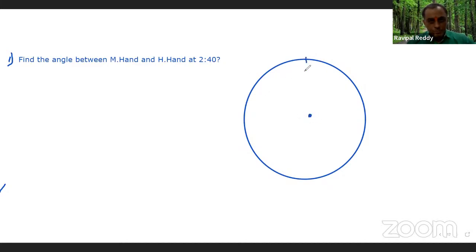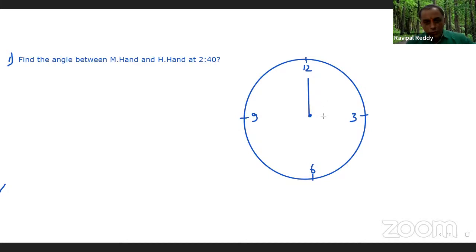The clock positions are 12, 3, 6, and 9. Exactly at 2 o'clock, exactly at 12 o'clock, these two hands will coincide at 12.